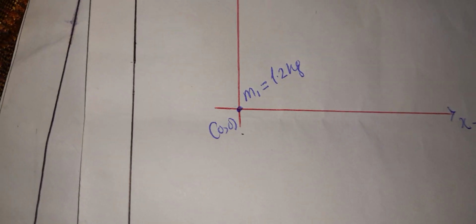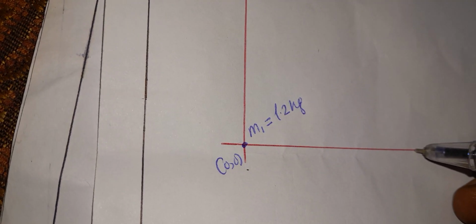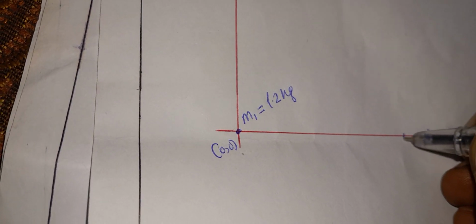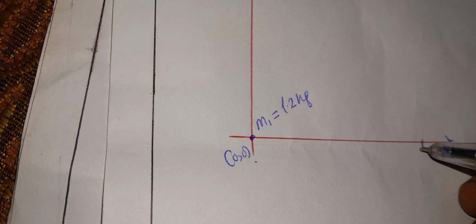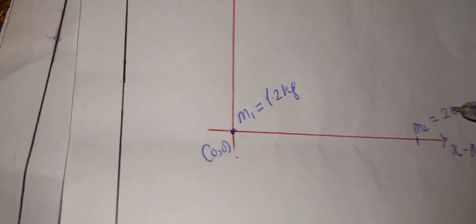And since it's an equilateral triangle, that means all lengths are equal, and so we have a side which is 0.14. So I'm going to be putting my M2 here, which is 2.0 kg.